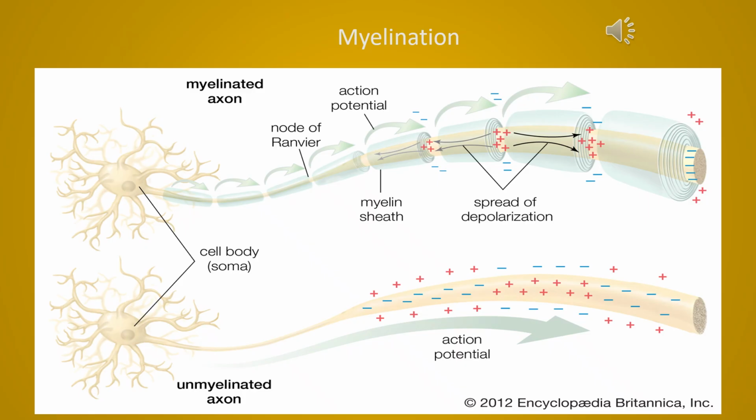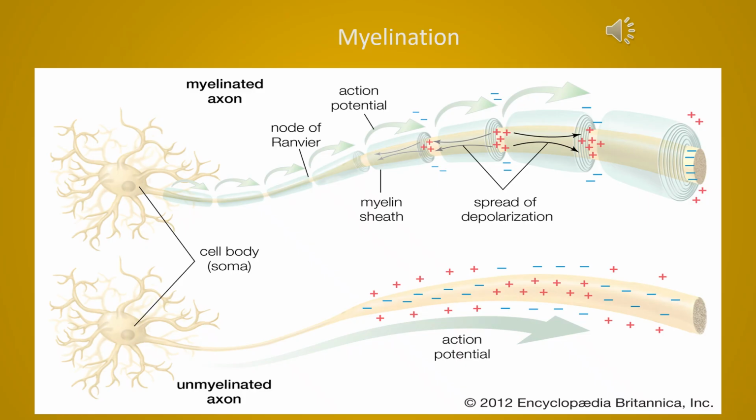I think I mentioned earlier that this is why it is necessary for babies to have included in their diet foods that are rich in fats, because myelin is largely a fatty material and it is necessary for proper nervous system activity.